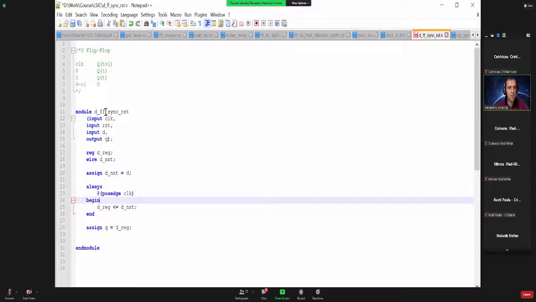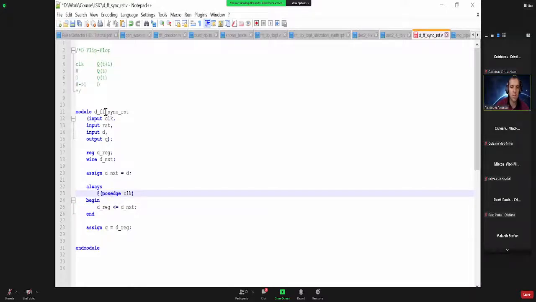Do you know what's the difference between synchronous reset and asynchronous reset? Asynchronous reset is in the sensitivity list. So coding, yes, but what does it mean?